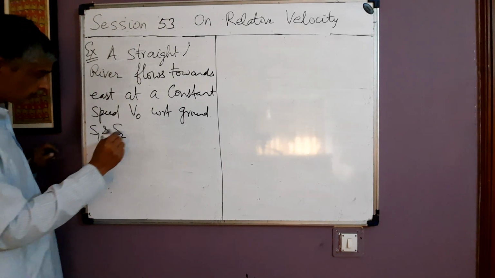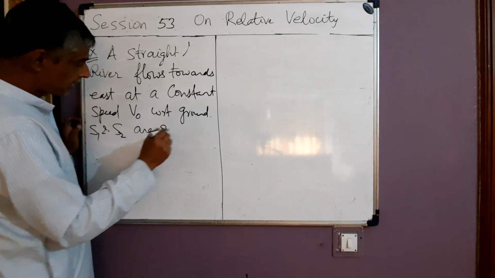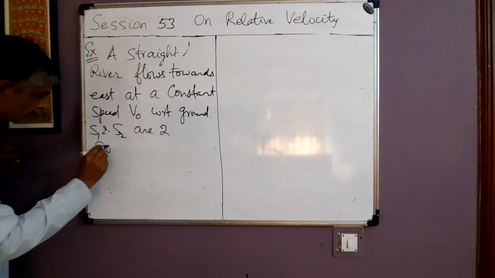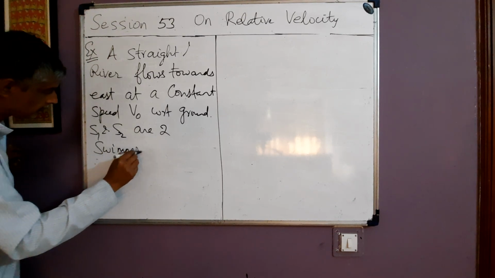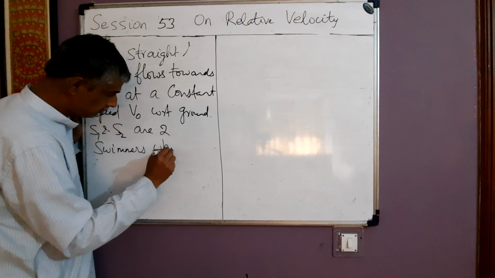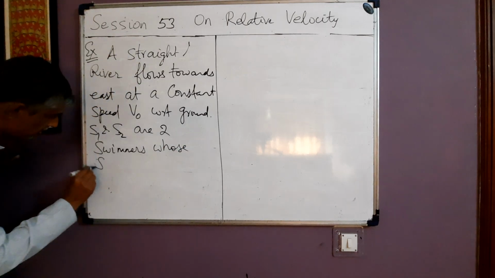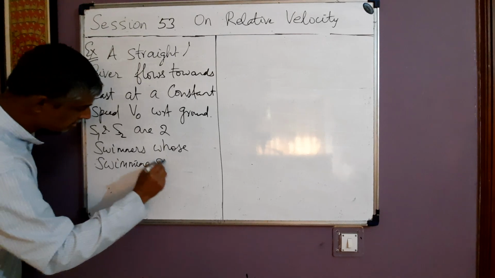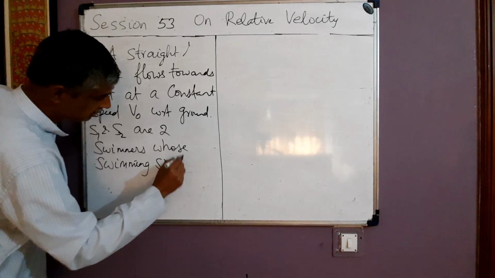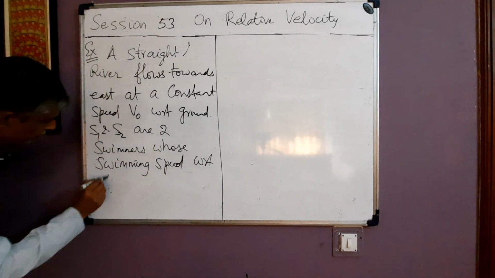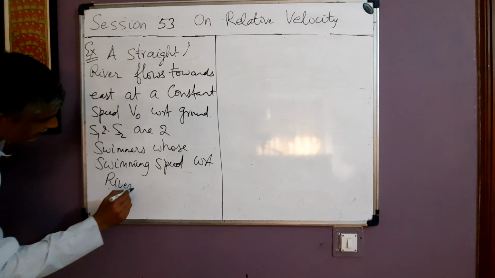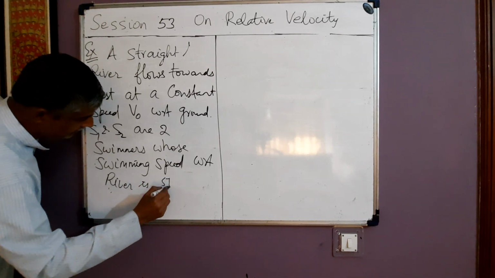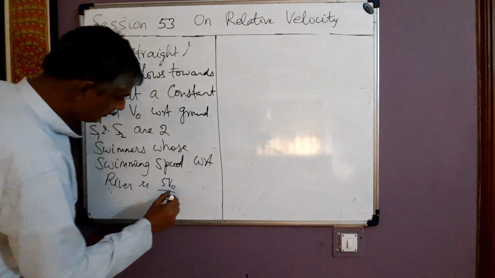S1 and S2 are two swimmers whose swimming speed with respect to river is 5 v naught by 3 each.